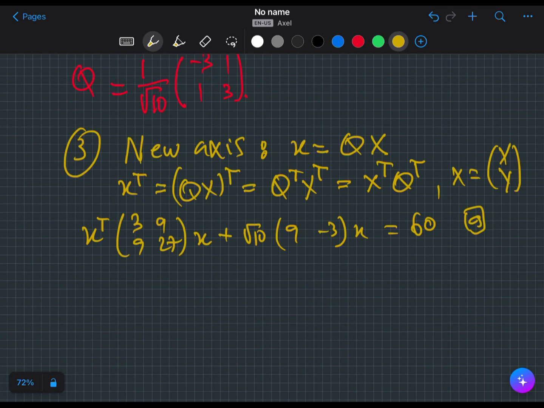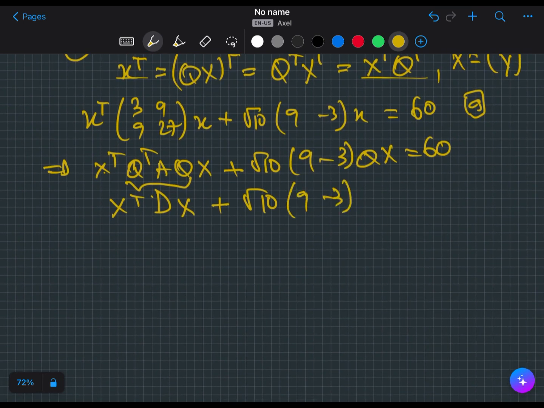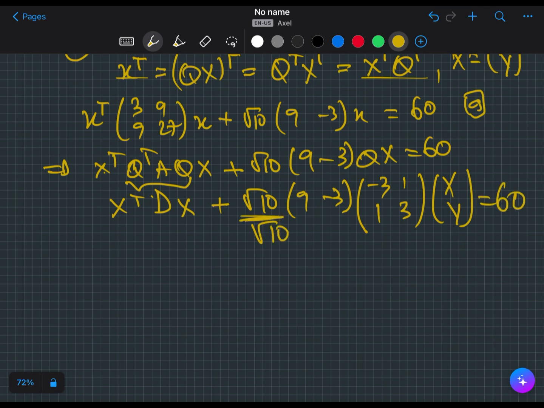Then if we replace all of this into this equation, we have x' transpose Q transpose AQ x' plus square root 10 times [9, minus 3] Qx' equal to 60. So I realize that this is the diagonal matrix D. So I have x' transpose D x', plus square root 10 times [9, minus 3] times Q, which is [minus 3, 1; 1, 3] times (x, y) divided by square root 10, equal to 60.